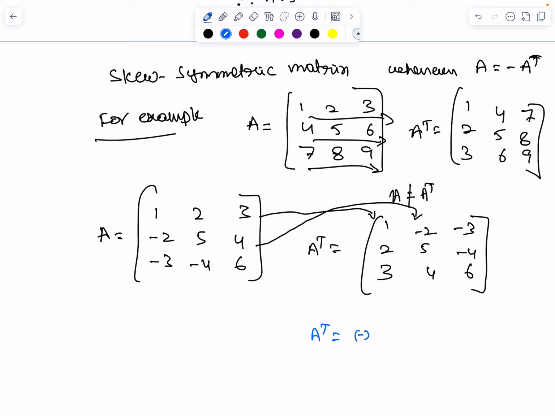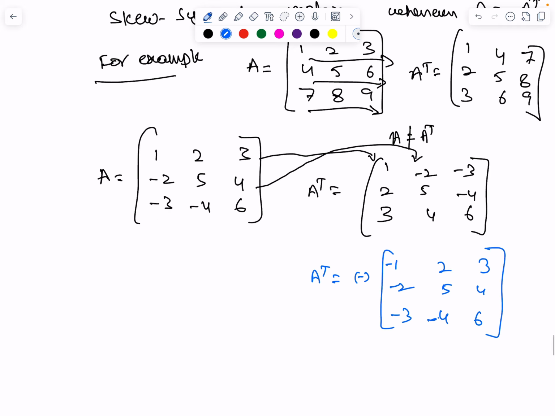So you look at that: 1 becomes minus 1, minus 2 becomes 2, minus 3 becomes 3, and then 2 5 6 and 4 here, of course minus 4 is becoming plus 4, then 3 and then 4, this is becoming minus 4. Now you can see that with a little difference it is able to give minus of A.